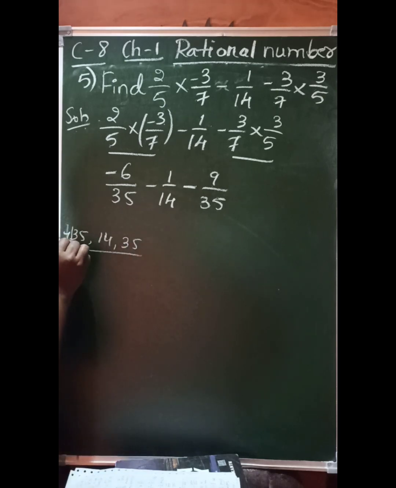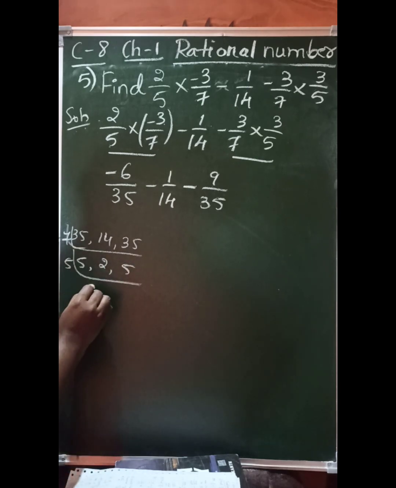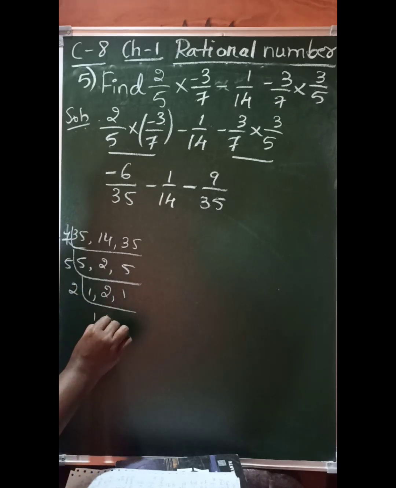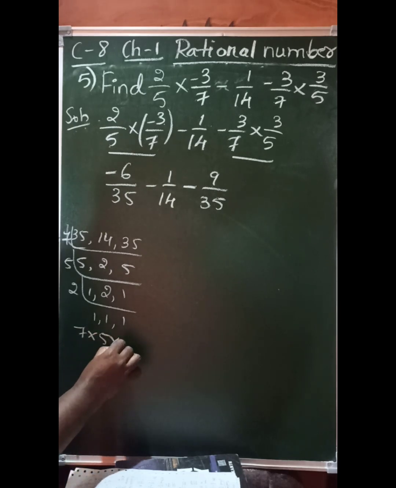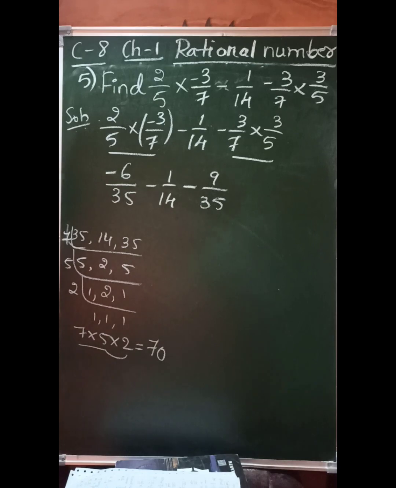So I will consider 7. 7 5s are 35, 7 2s are 14, 7 5s are 35. Then consider 5. 5 1s are 5, 2 write as it is, 5 1s are 5. Then again consider 2, 1 1 1. So the LCM is 7 into 5 into 2. 7 5s are 35, 35 into 2, 70. So 70 is your LCM.